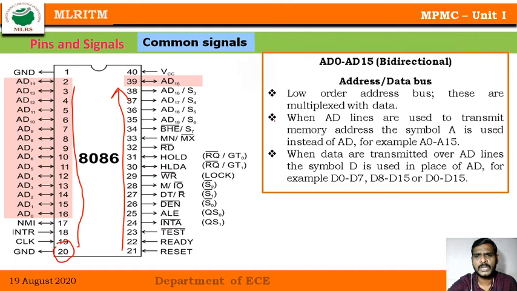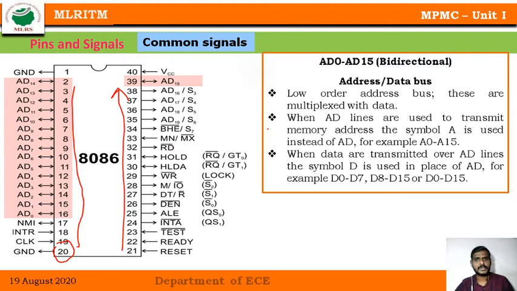As you see, the lower order address bus is multiplexed with the data bus. When the AD lines are used to transmit a memory address, the symbol A is used. That is, if the bus is used for communication with a memory or an IO device to transfer the address location, we call those pins A0 to A15.